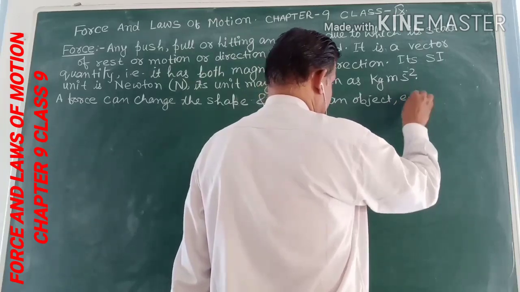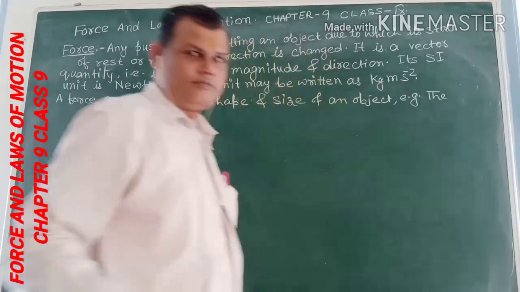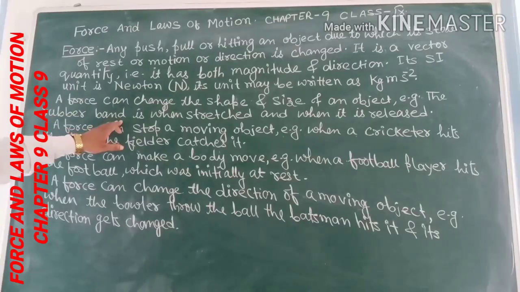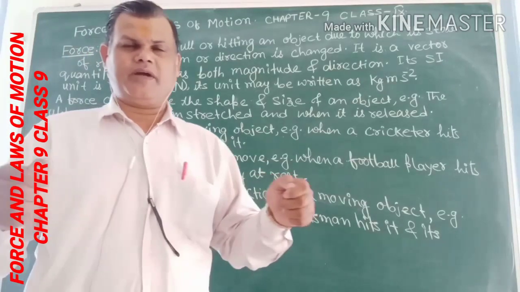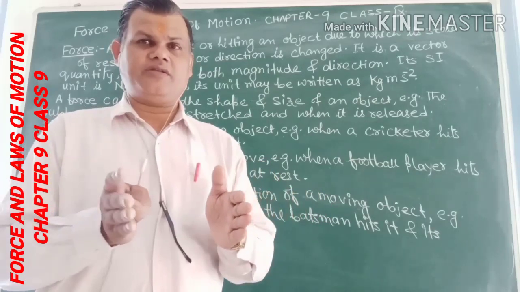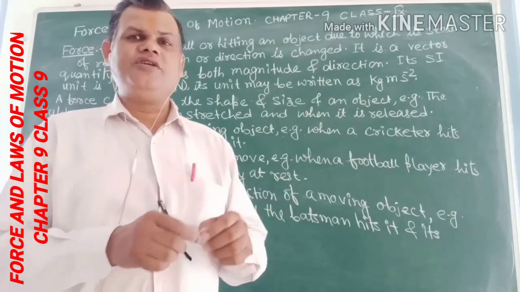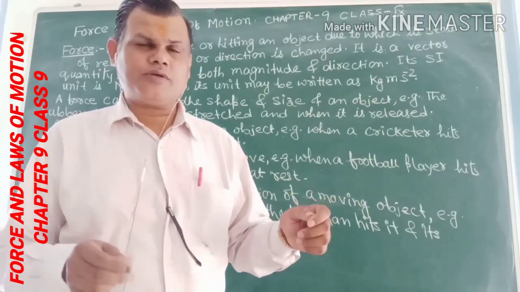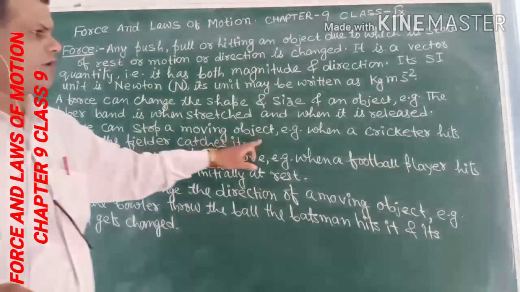For example, the rubber band. When we stretch a rubber band, it elongates, and when we release it, it again regains its original shape. That means the rubber band is changing shape by the application of the force, and the size also gets changed. Similarly, a force can stop a moving object.